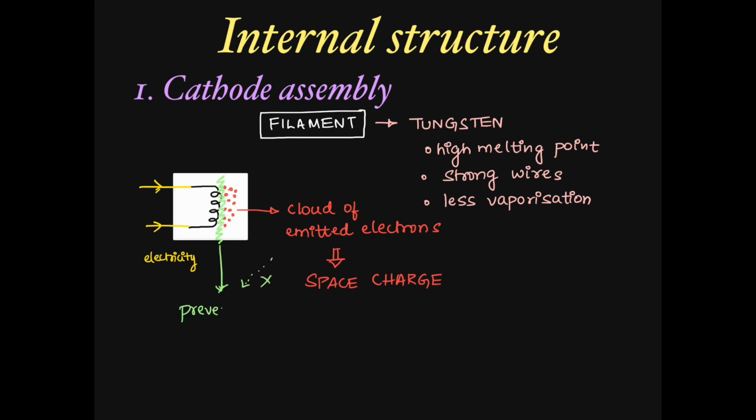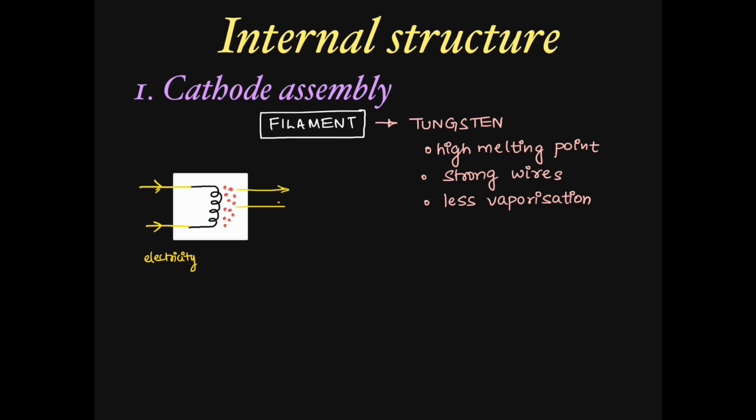These electrons are negatively charged and further prevent electron emission by repelling further electrons. It's called the space charge effect. The electrons emitted from the cathode will move towards the anode after application of a potential difference, that is positive and negative charge, and that current of movement of electrons is called tube current.